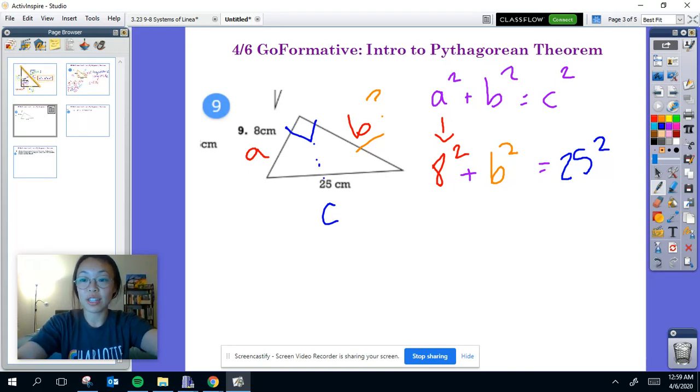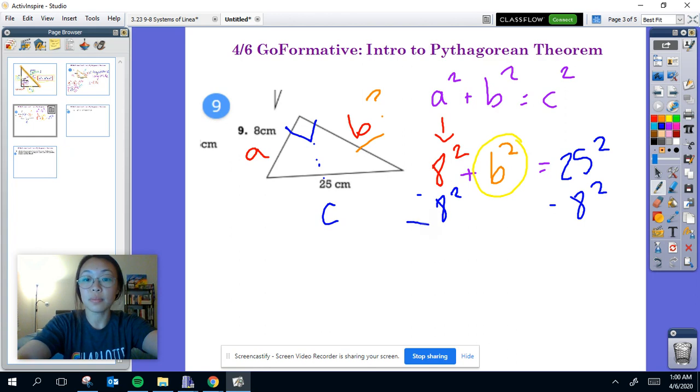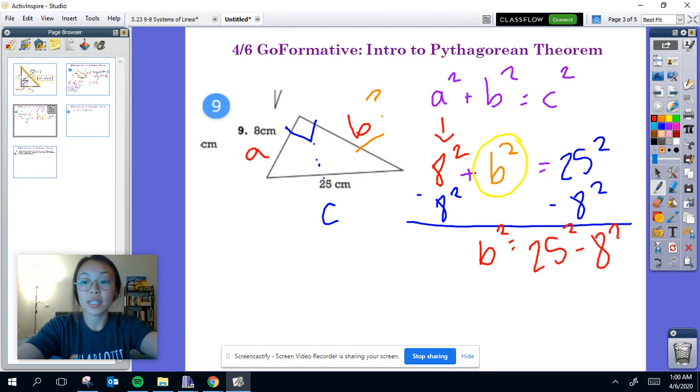Now I'm just going to solve. So to get my variable by itself, B, I got to get rid of this 8 squared. For me to do that, I subtract 8 squared on both sides. When I do that, I end up having B squared by itself equals 25 squared minus 8 squared.